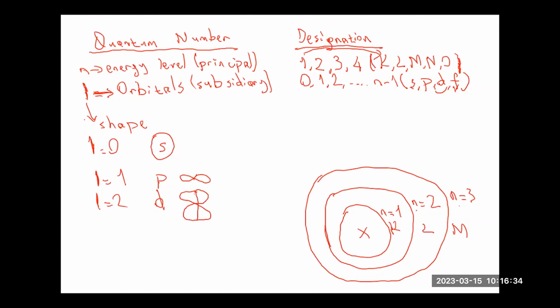So we know that L is always less or equal to n-1, right? Starts with 0 and goes till L-1. So this is just sublevel.